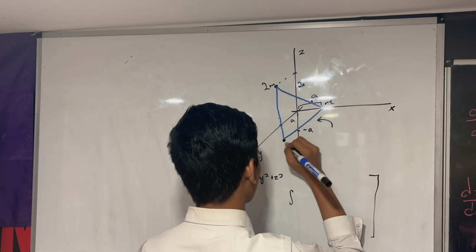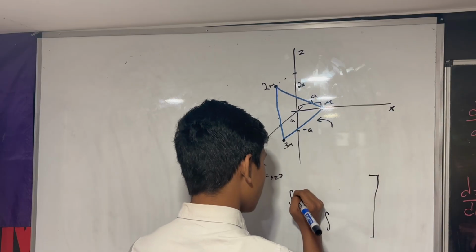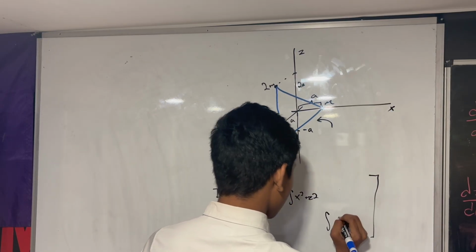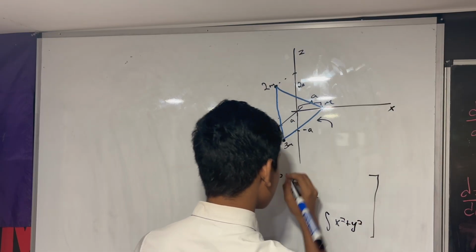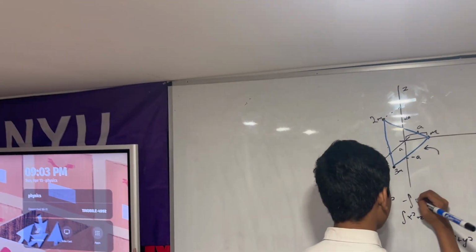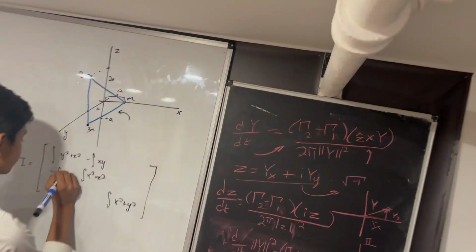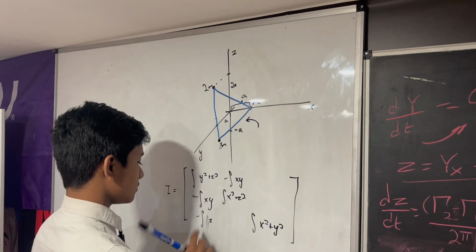You can see I'm putting a lot of thought into that. So, x squared plus z squared and x squared plus y squared. This is minus, this is xy, I think.